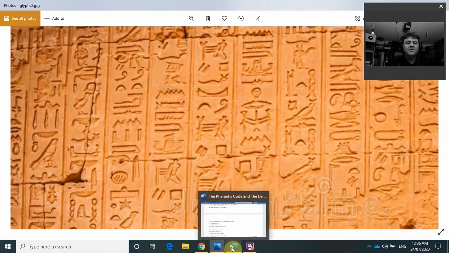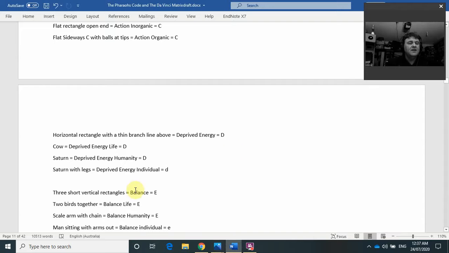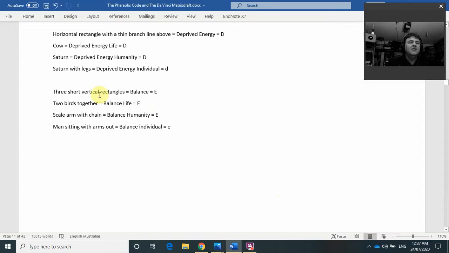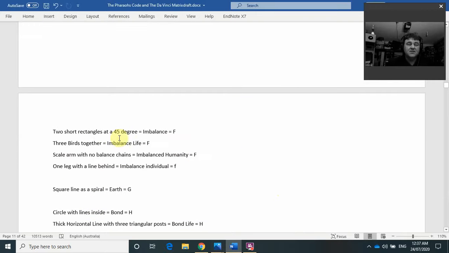Okay, so deprived humanity. We covered the balance symbols, or we did the 3 short vertical rectangles. Now, the balance of life, I believe, is 2 birds together. And I believe the imbalance for life is 3 birds together.